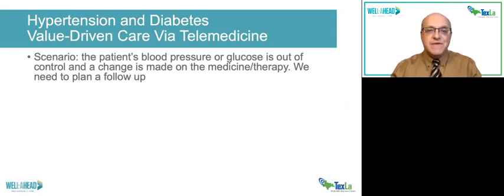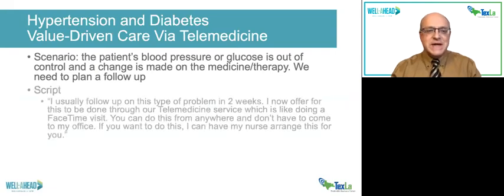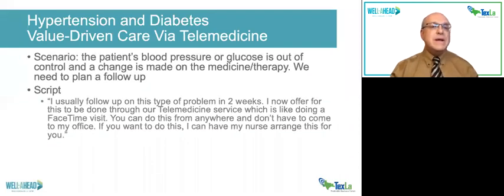We need a plan to follow up. Now, we've talked about this in previous presentations, but I just wanted to go through it again because I find that when I use this type of a telemedicine visit, it really allows me to drive some connection with people, okay?